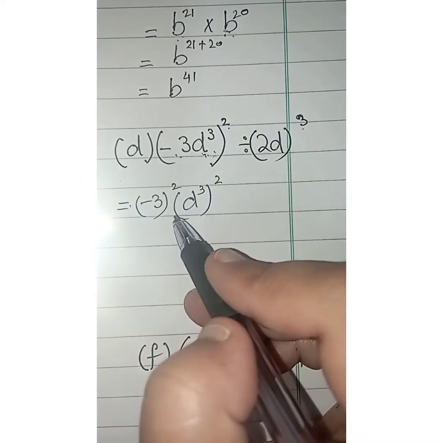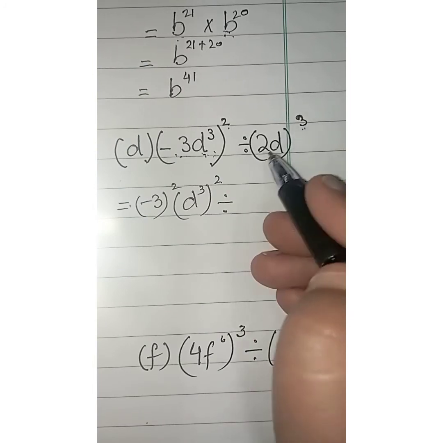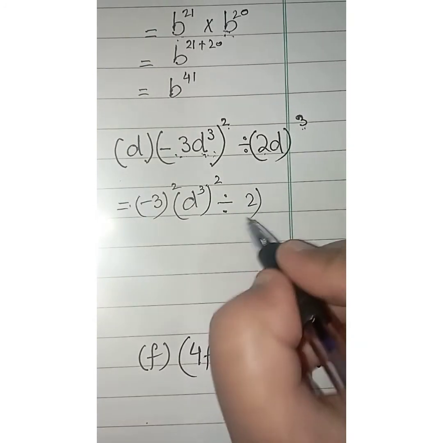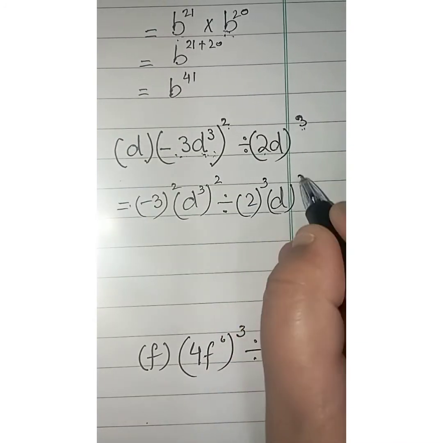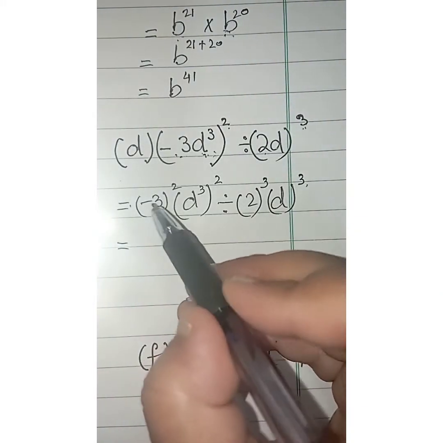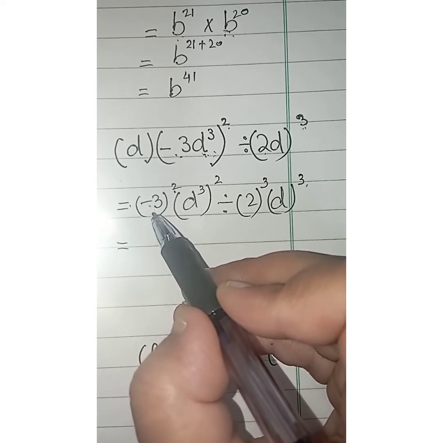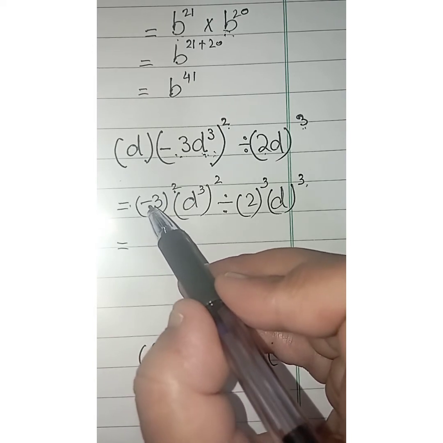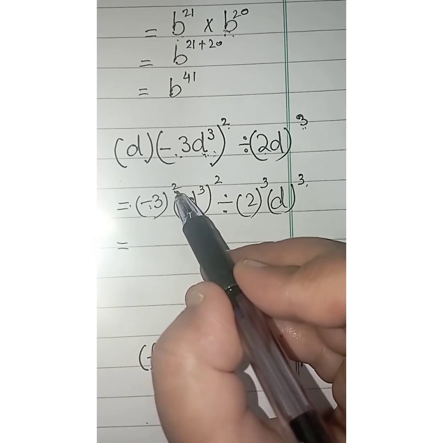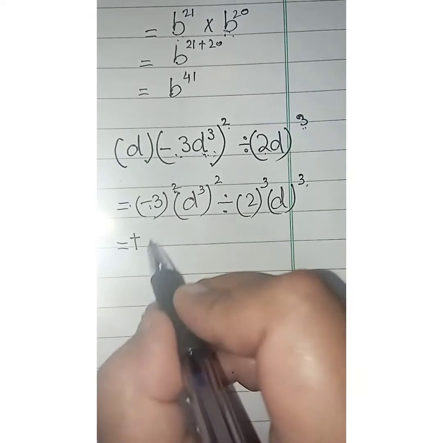On both the elements we apply the same power 2, divided by, same goes for this one as well. This power 3 will be applied to 2 and D as well, so it will become this way. Now first, when we apply this negative 3 squared, we already discussed in question number 4, whenever there is a negative sign and the power is even, we always apply the power and the minus sign becomes positive, so it will become 9.